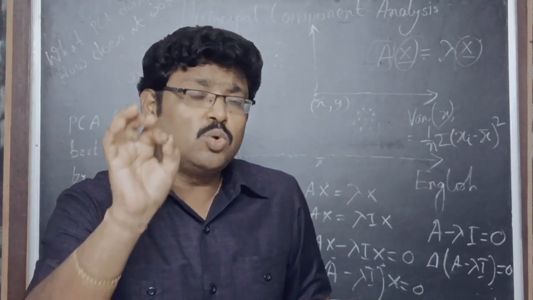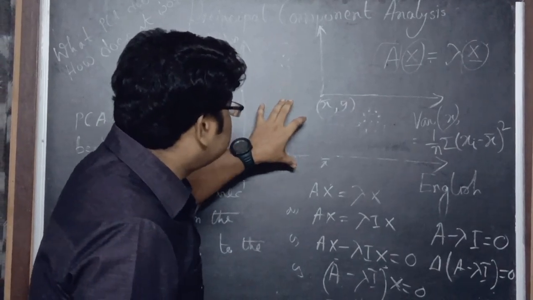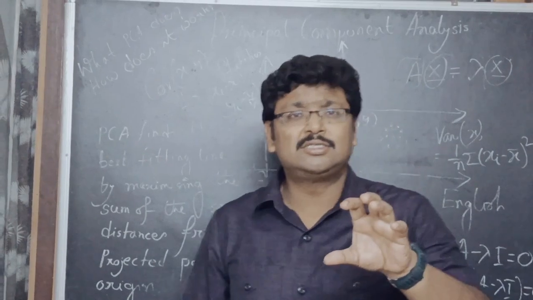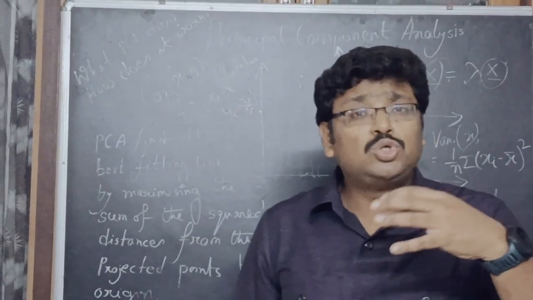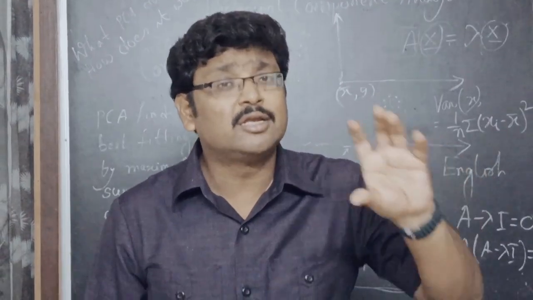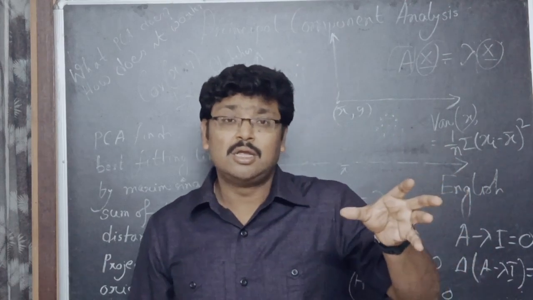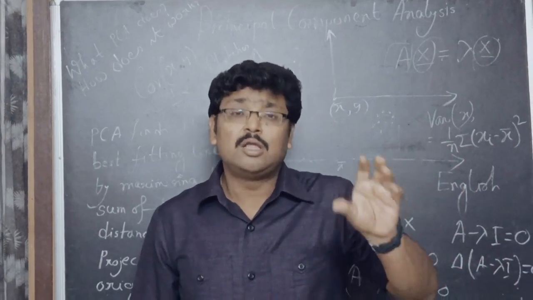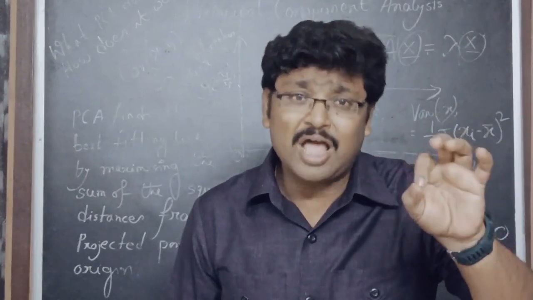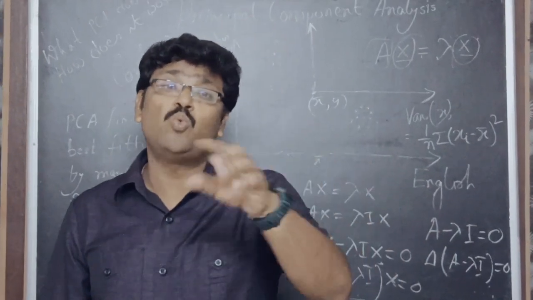But one thing here is that after finding the eigenvectors, we should normalize them. I mentioned in my previous lecture that we should normalize, and after normalizing, we have a normalized vector for lambda 1, that is for eigenvalue 1.